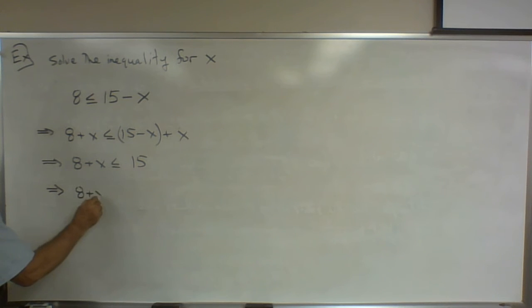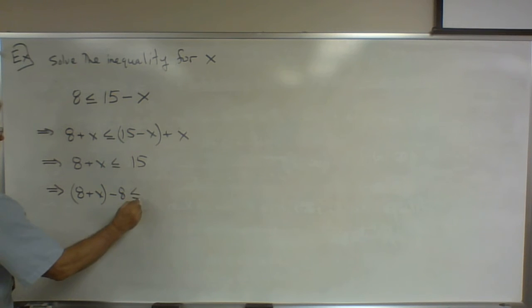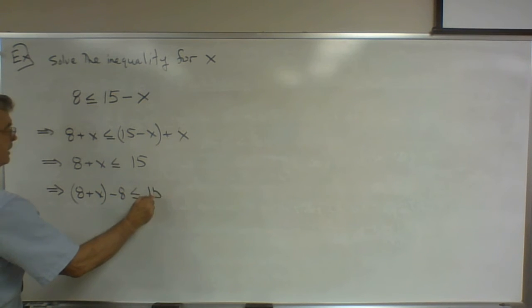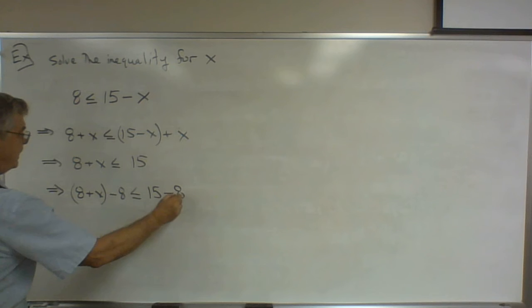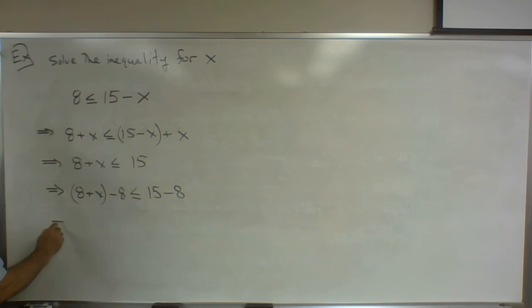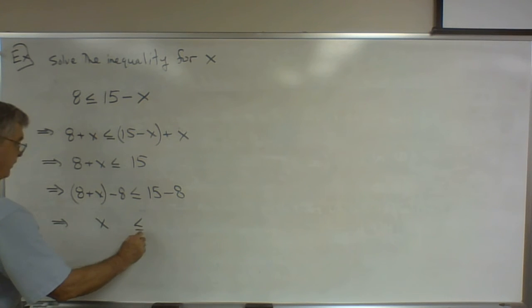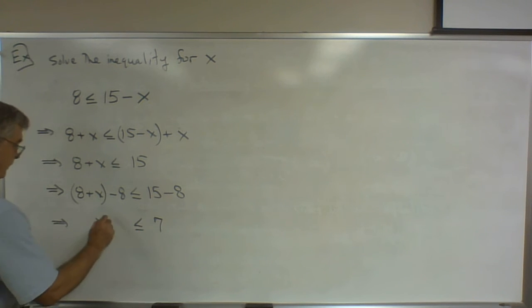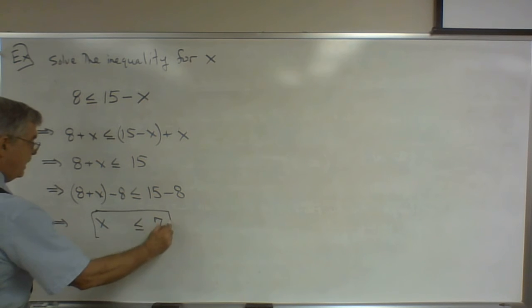8 plus x minus 8 is less than or equal to 15 minus 8. 8 minus 8 is 0, so I'm left with x less than or equal to 7. Ta-da!